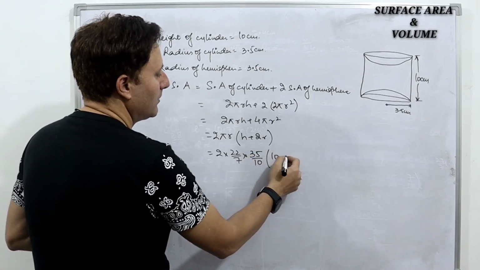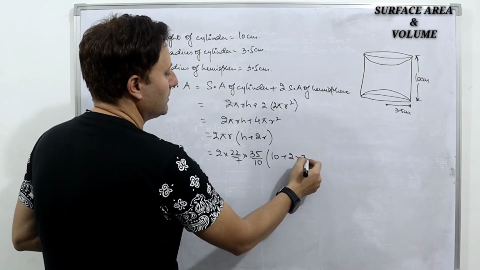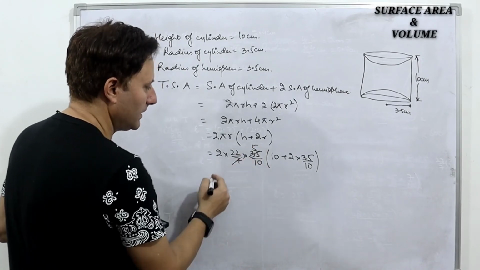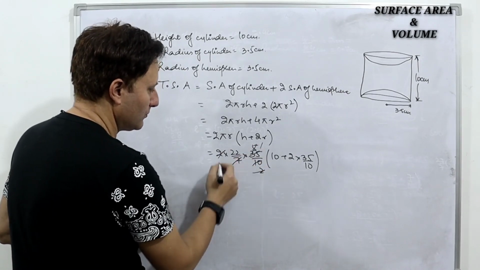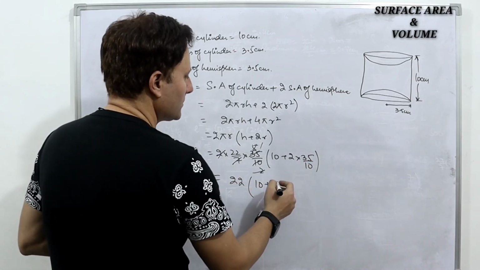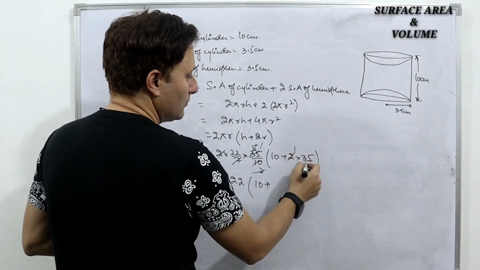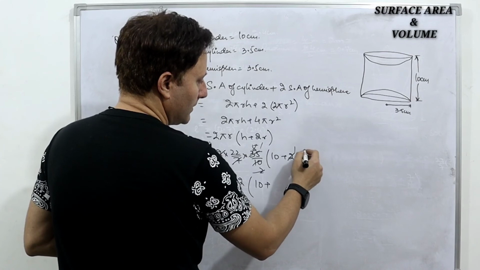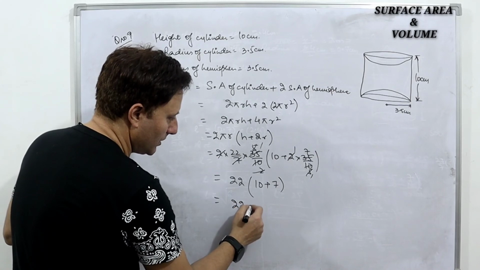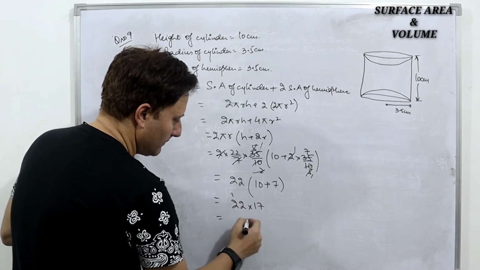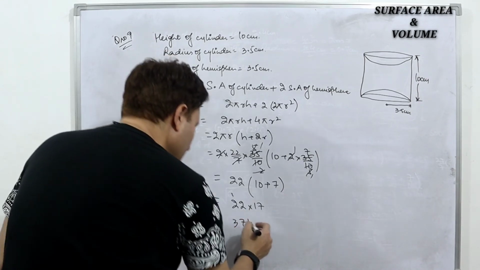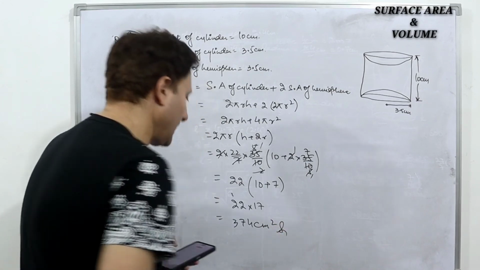Height is 10 plus twice r, r is 3.5, that is 35 upon 10. 7, 5, okay, 5, 2, 2 gone, so we have 22, and here what do we have? 10 plus, this is 7, that is 10 plus 7, that is 22 into 17, 34, 17, 35, 374 centimeters square. That is the answer, guys.